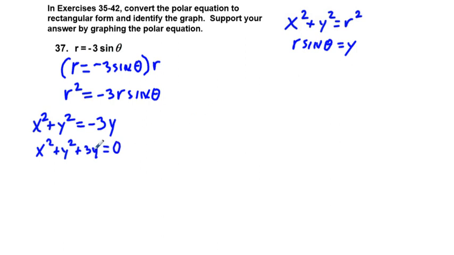And now we're just going to complete the square with the y. Now to complete the square, what we do is we take this coefficient of 3, we divide that by 2. And this is the thing that we're going to square to get a perfect square. So we're going to take 3 over 2 squared.